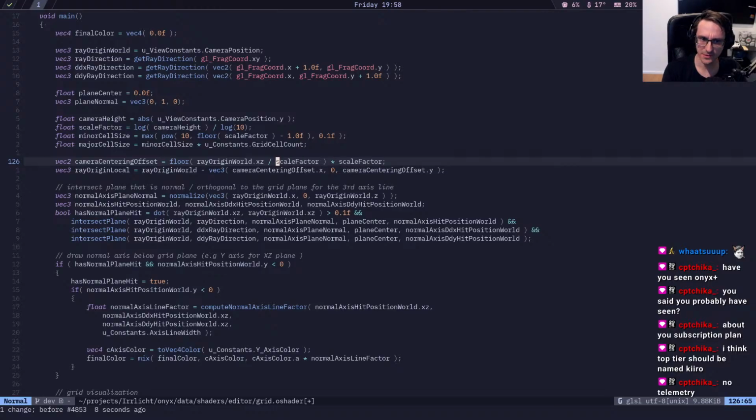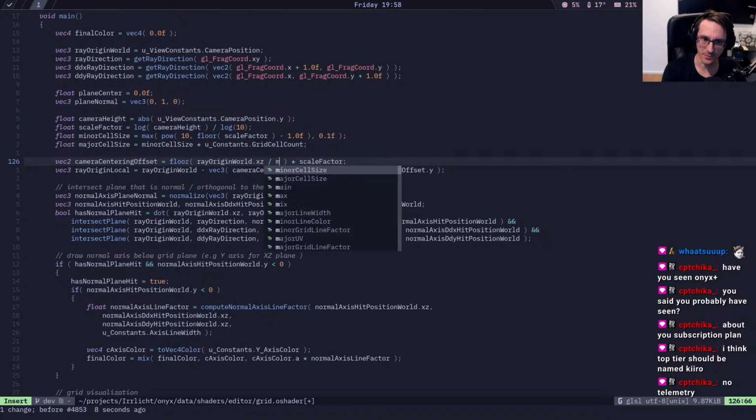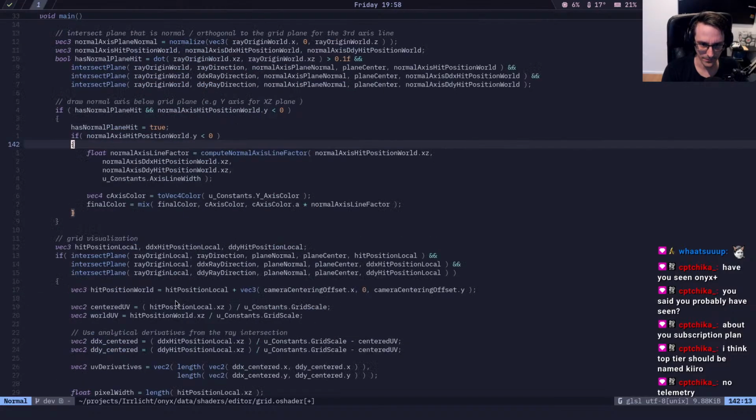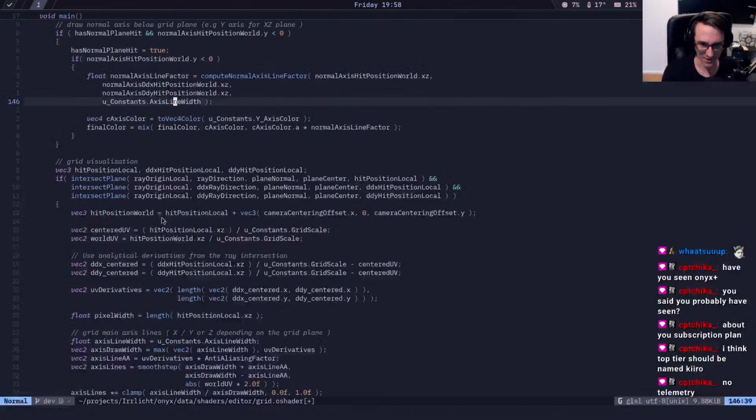Well, it was the major, so let's keep the major cell size, probably. The rest stays the same for now. We will probably need to scale this line size, but we'll do that in a second. Let's first try to figure out this part here.